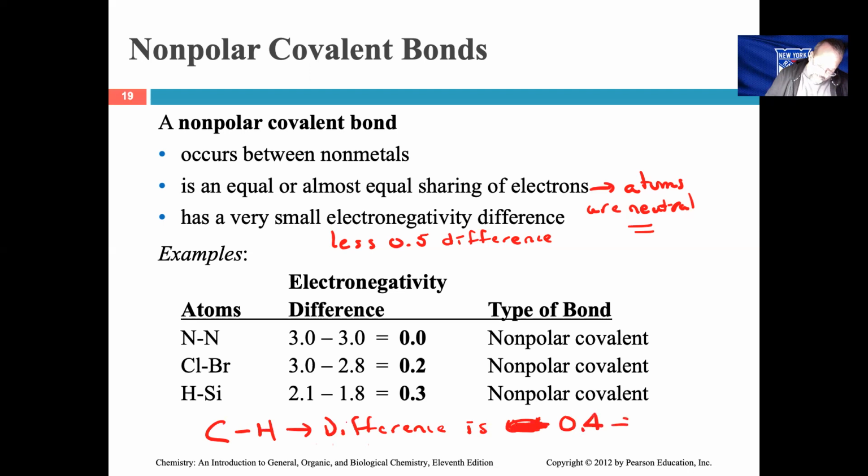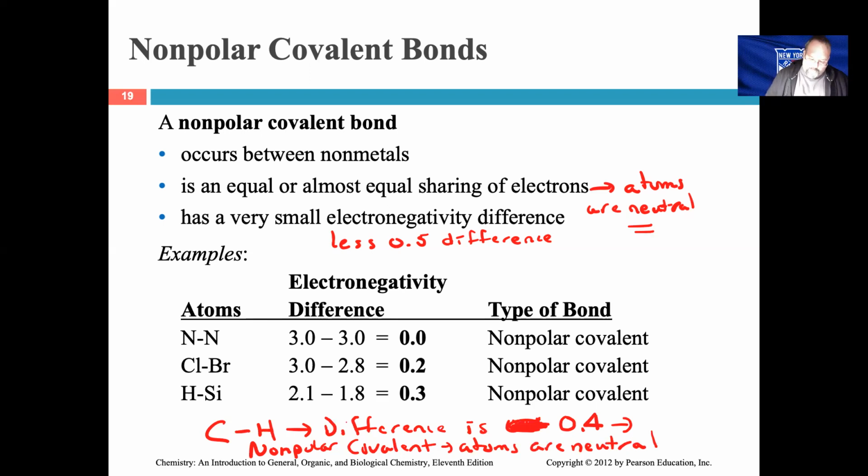As I mentioned earlier, carbon is 2.5, hydrogen 2.1. So what does that mean about a carbon to hydrogen bond? It means the carbon to hydrogen bond is nonpolar covalent. And for a carbon to hydrogen bond, the carbon and the hydrogen are technically neutral.